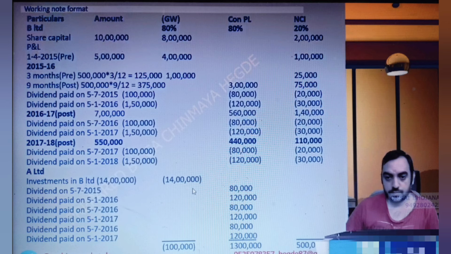So these individual line items will not come in examination problems, but these things should be subtracted. Please see if you are able to get till here.